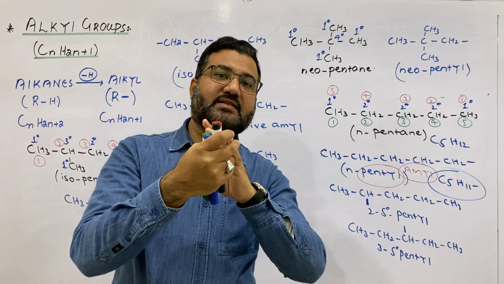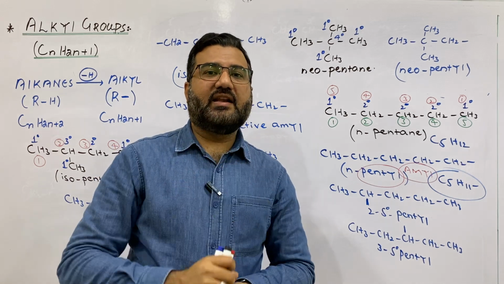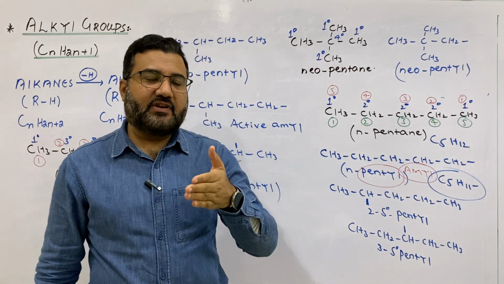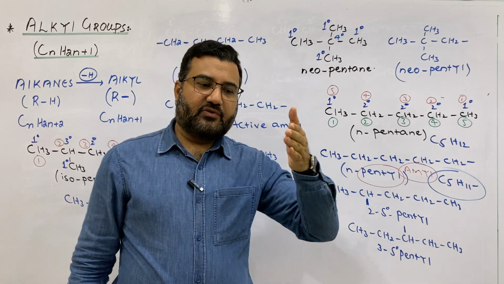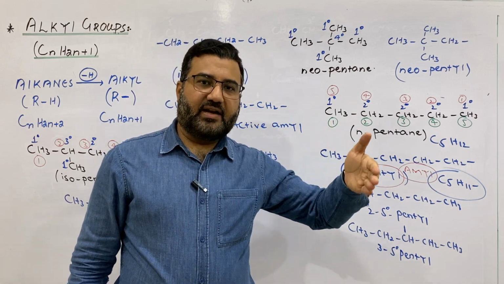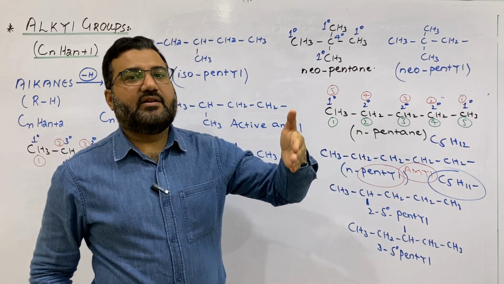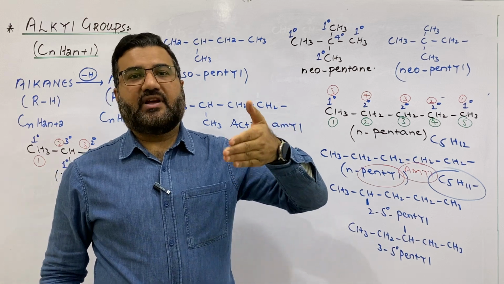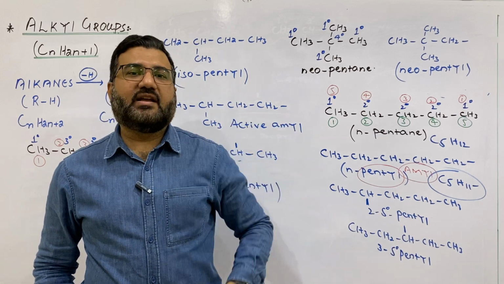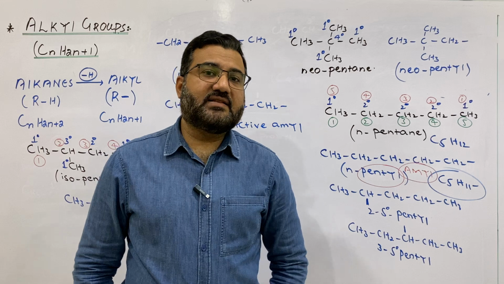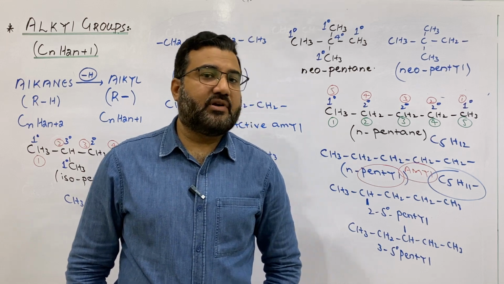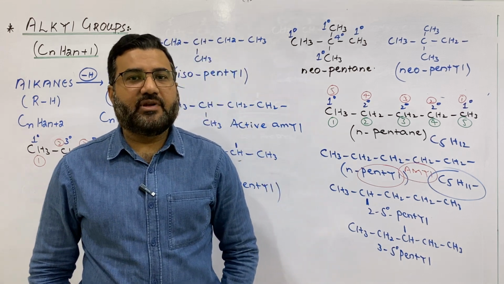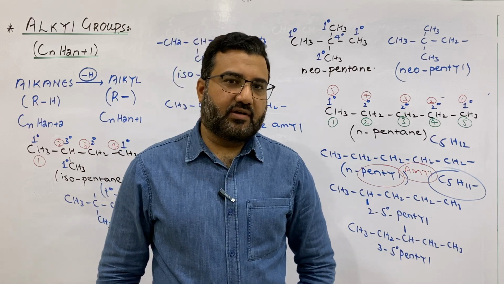Then butyl is of 4 types. Then pentyl is of 8 types. So 4 butyl, 8 pentyl, 12, and 2 propyl, 14, 1 ethyl, 15, and 1 methyl, 16. These are the 16 most important alkyl groups that you will often see in your organic chemistry book.